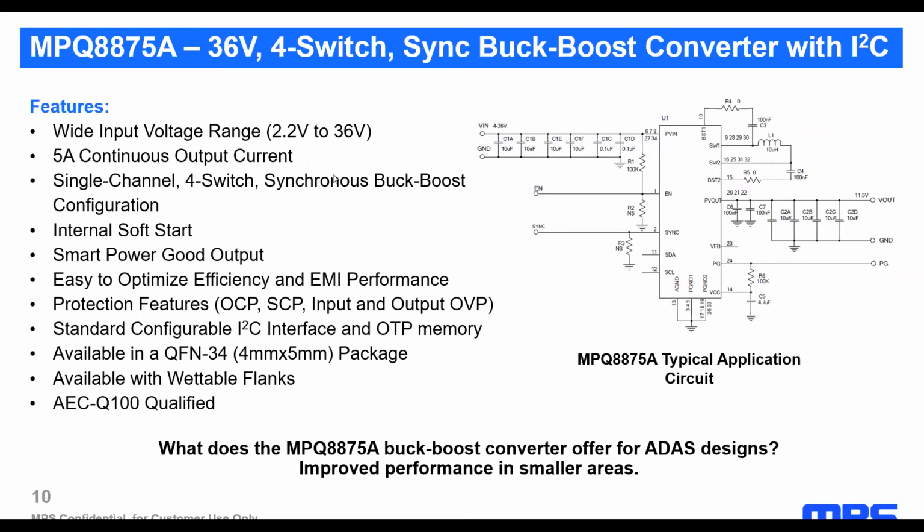Two other important characteristics of this IC are the protection features demanded for some safety applications and the I2C interface. With the help of the I2C interface, we are able to increase the flexibility of the design and reduce the number of external components.